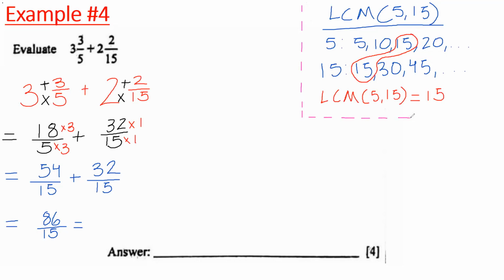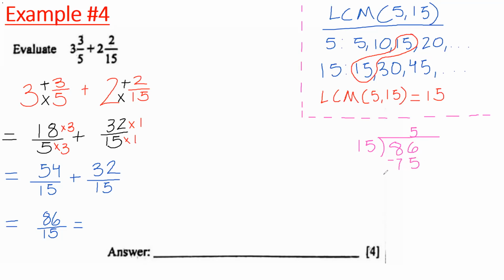5 times? Yes, sir. Which is 75. So 15 into 86 is going to be 5, you're right. 15 times 5 is 75.